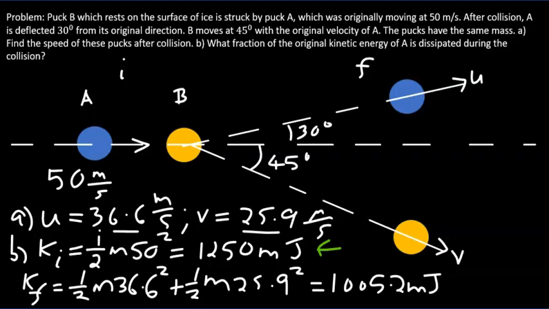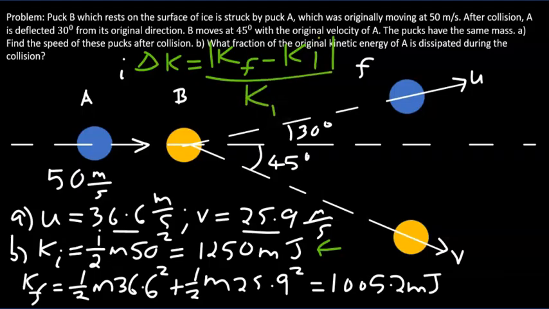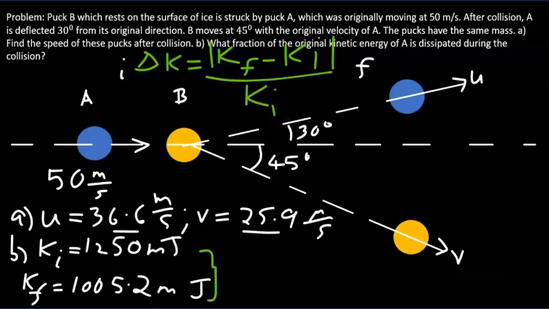So the fraction of this original kinetic energy that is dissipated during the collision is calculated the following way. Let's call that fraction delta K. So it's given by the magnitude of that change over the original kinetic energy. So that means using these two numbers, your delta K is Kf minus Ki, so that is 1005.2 minus 1250.